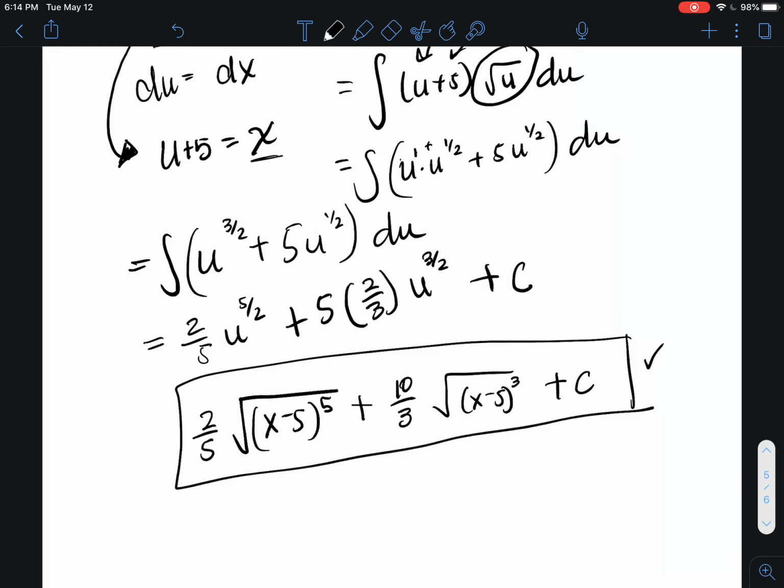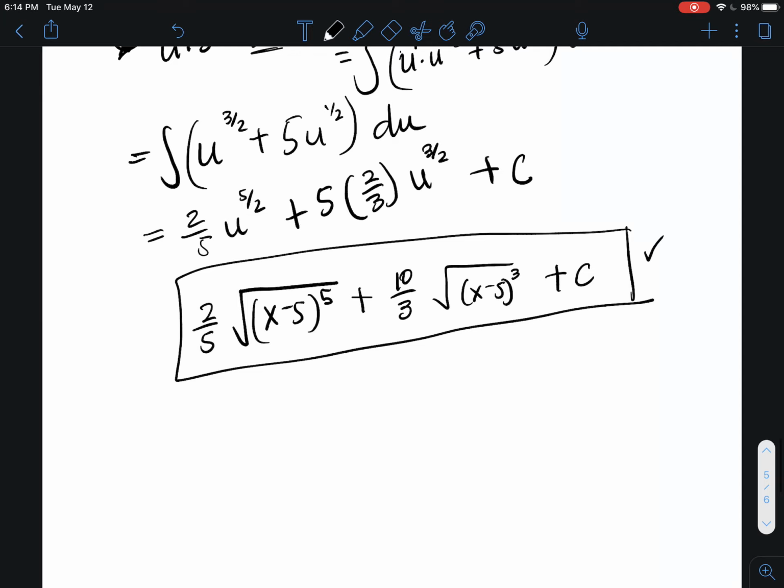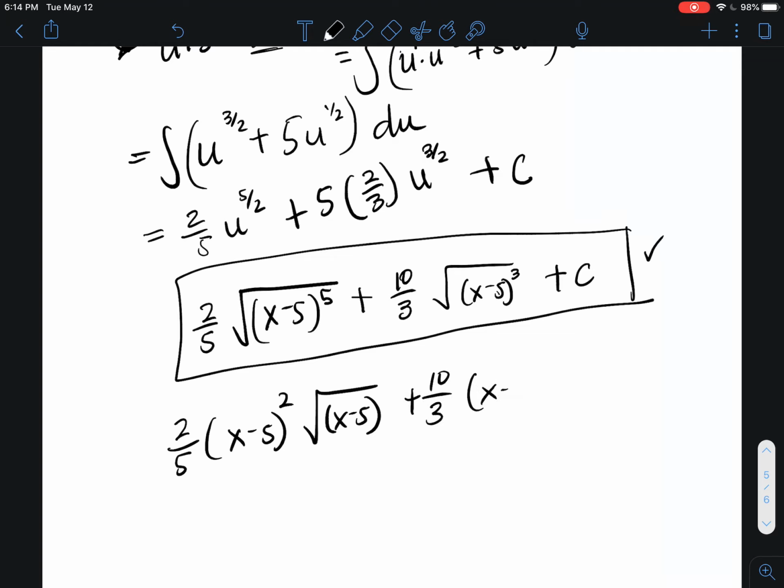On WebAssign, it might ask you to simplify the radicals, meaning I have 5 of them, so 2 can get out. So I have 2/5 times x minus 5 quantity times the square root of x minus 5, plus 10 over 3 times x minus 5 times the square root of x minus 5 plus c.